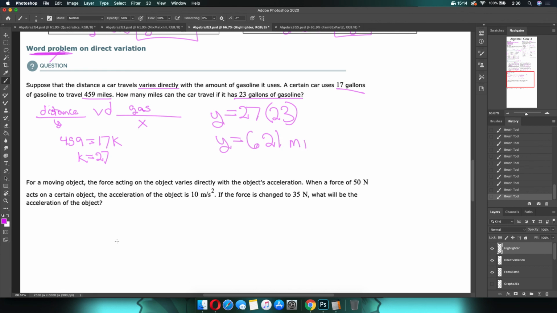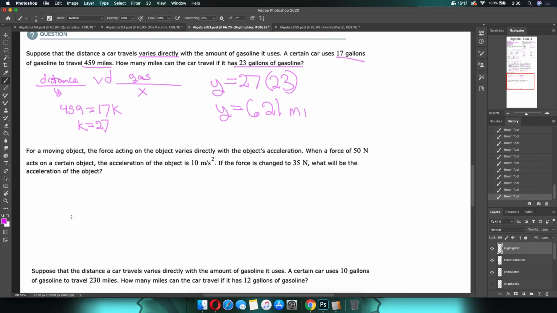Okay, another one. We have our little cheat sheet, so we know whatever they give us varies directly. Something varies directly, so this is your y, and this is your x. Okay, so you can see the wording here is a little bit more awkward, but force acting on an object, so this is going to be force, varies directly with acceleration.